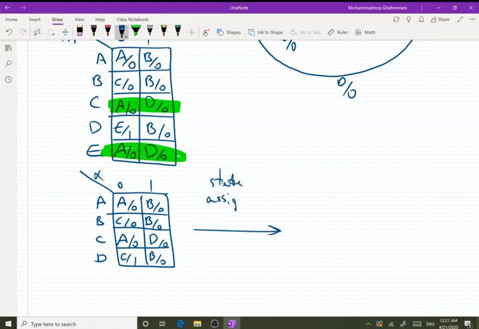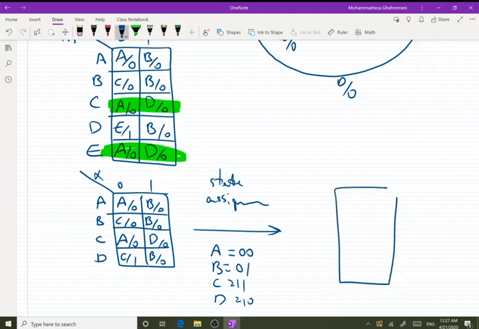In the state assignment, we say A is replaced with 0 0, B with 0 1, C with 1 1, and D with 1 0.